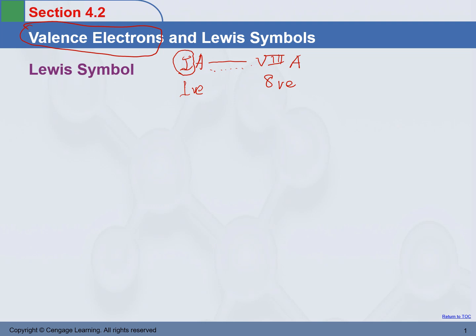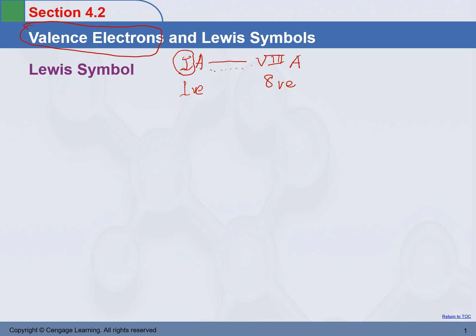Lewis symbol is a way to represent an element that's developed by Dr. Lewis, a great scientist who had made tons of outstanding contributions in chemistry.